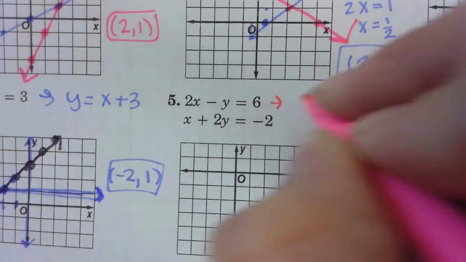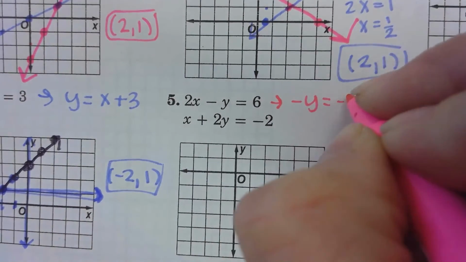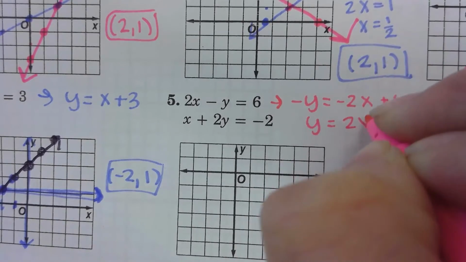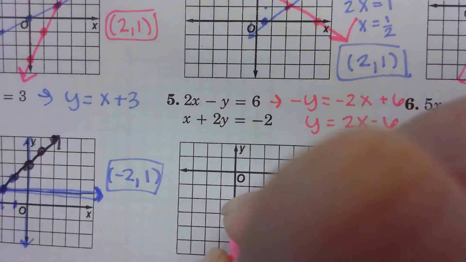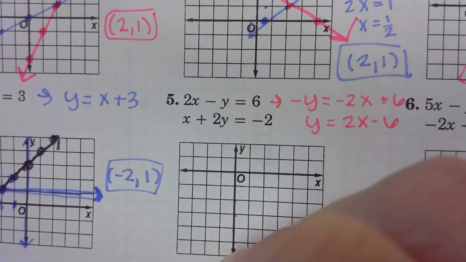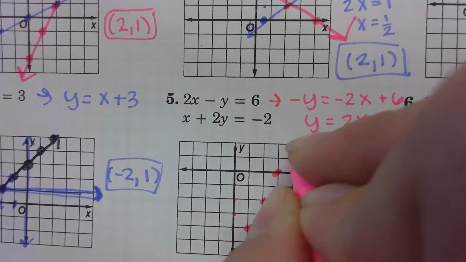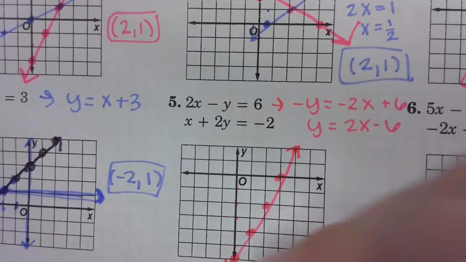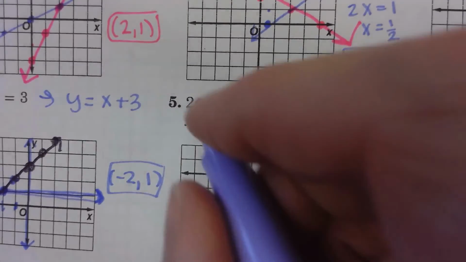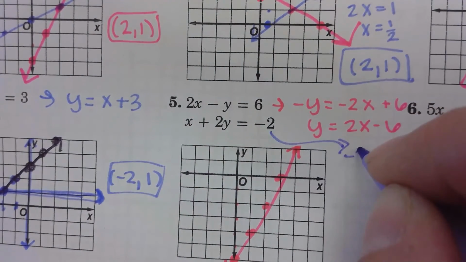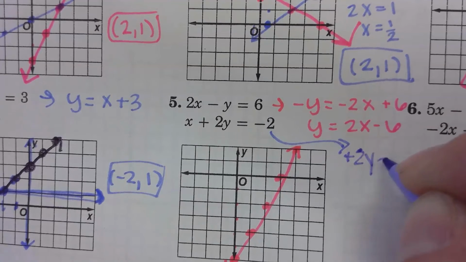In 5, subtract 2x, divide by negative 1, plot your y-intercept, apply your slope, do the same for the next equation.